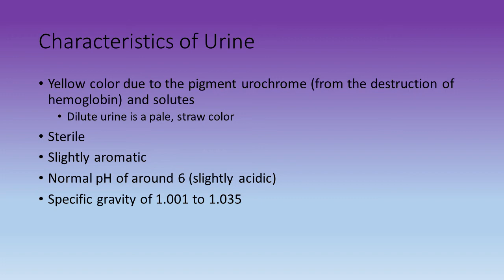It should be sterile. You should not have bacteria in it. If there's bacteria in the urine, that's indicative of a UTI, urinary tract infection. It has a slight smell to it. The pH is usually slightly acidic, around pH of 6. And then we do measure the specific gravity. Should be within the range of 1.001 to 1.035.